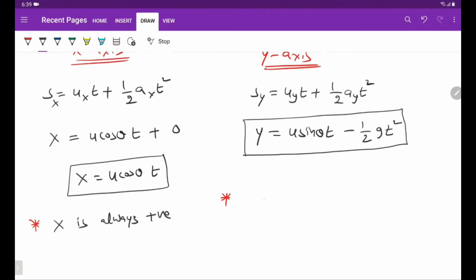At different times the sign is different, so y can be zero, positive or negative, depending on time.